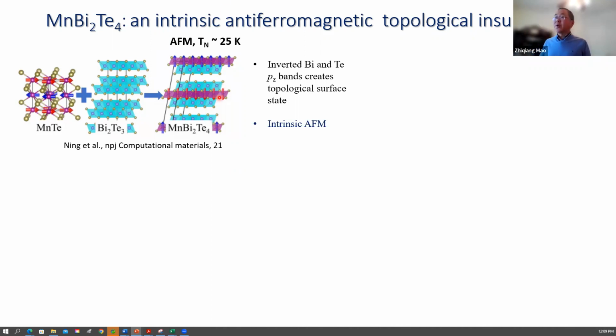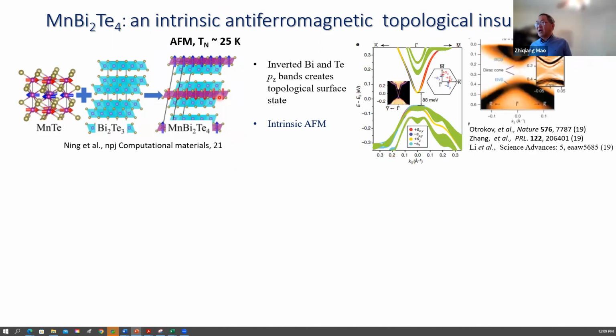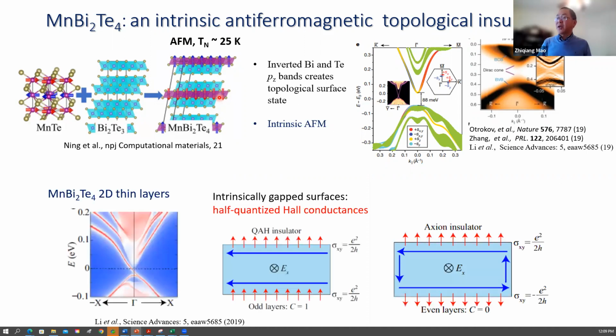The ordering temperature is 25 Kelvin. Both band structure calculations and ARPES demonstrated that this is a topological insulator, and the magnetic ordering was also probed in magnetic measurements as well as in neutron scattering. So it is an intrinsic antiferromagnetic topological insulator.